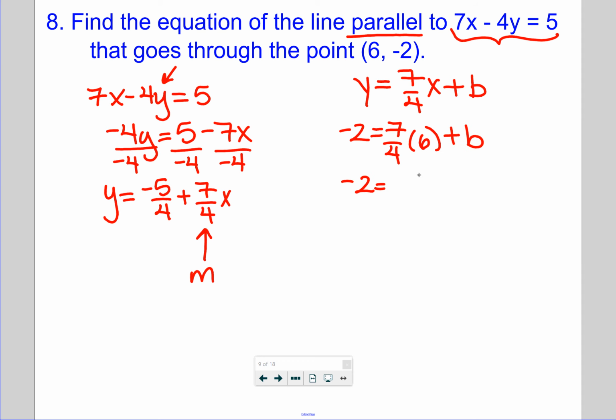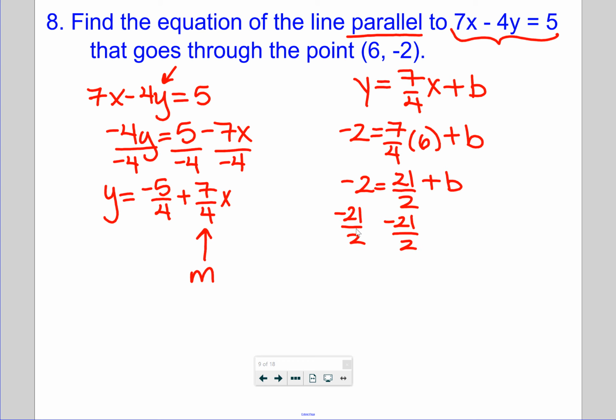I can multiply those together. That's going to give me 42 over 4, which reduces to 21 over 2, or you could just say 10.5 there because it's exact. And then from there, we're going to subtract 21 over 2 from both sides.